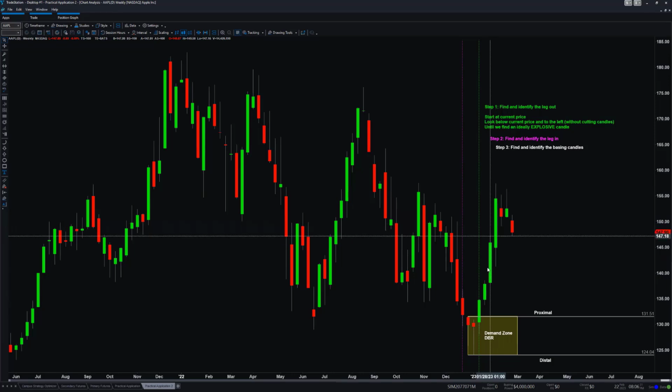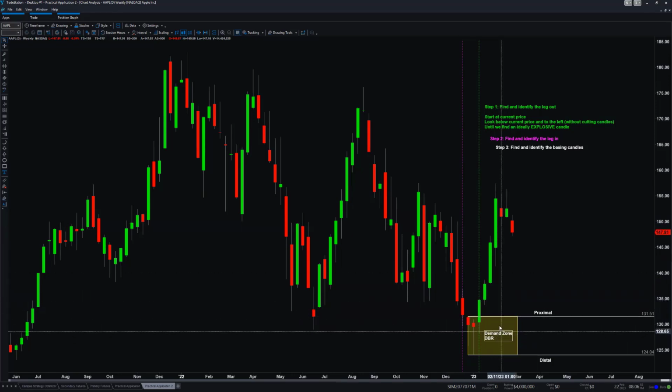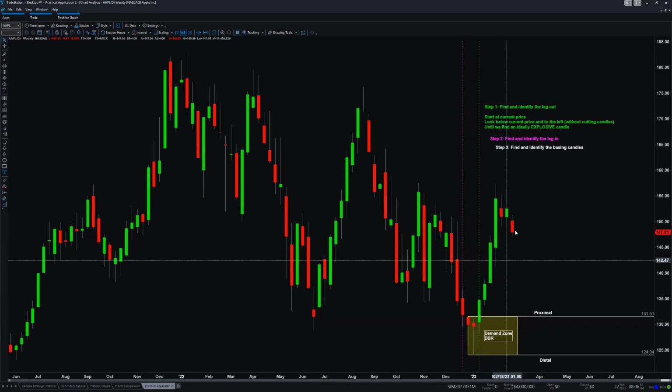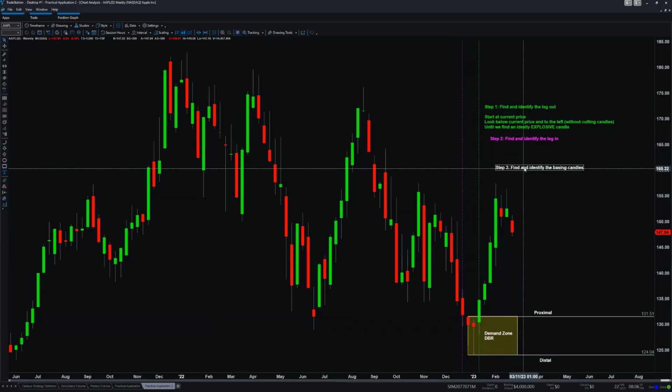Only one or multiple institutions, and therefore we can assume that if price comes back into this demand zone drop base rally, there are likely unfilled orders left. There are likely still willing buyers left, because not all willing buyers were able to accumulate and fill their orders here within the base.